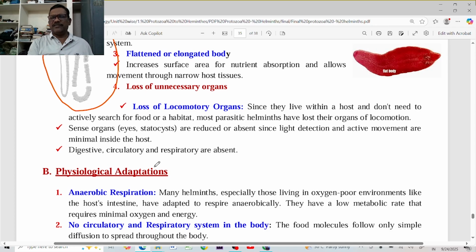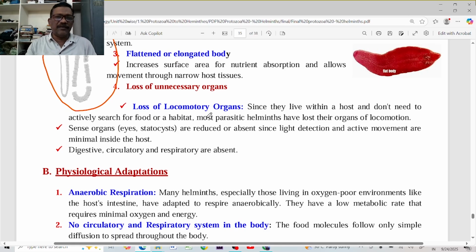Actually, these are parasites. They live in the small intestine, where there is no light, and there is no oxygen or gases. There is no need to digest the food material, because already digested food molecules, glucose, amino acids, glycerol and fatty acids are readily available to them. They can absorb these food materials easily. There is no particular digestive system.